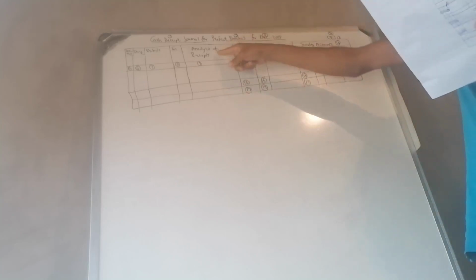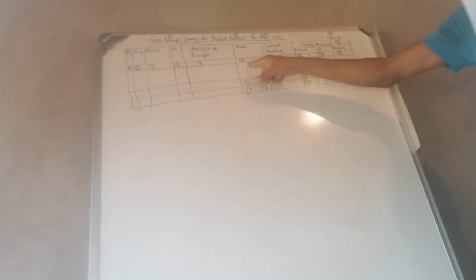The amount of money paid into the bank account at the end of each day is the total of all the receipts in the analysis of receipts for every individual who paid cash into the business.